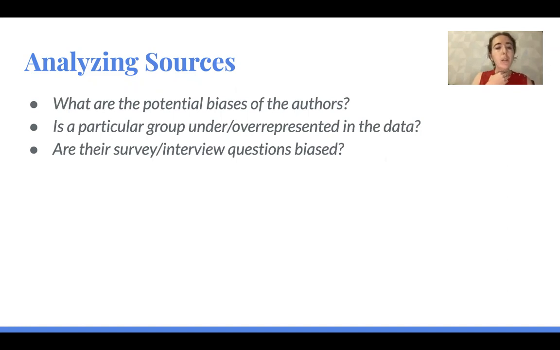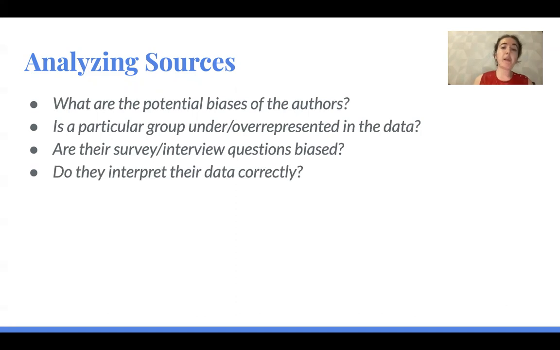Are there survey or interview questions biased? Do they interpret their data correctly? So maybe everything up to the interpretation part is correct, but they're leaving something out. They're not considering other explanations for whatever phenomenon they observe.